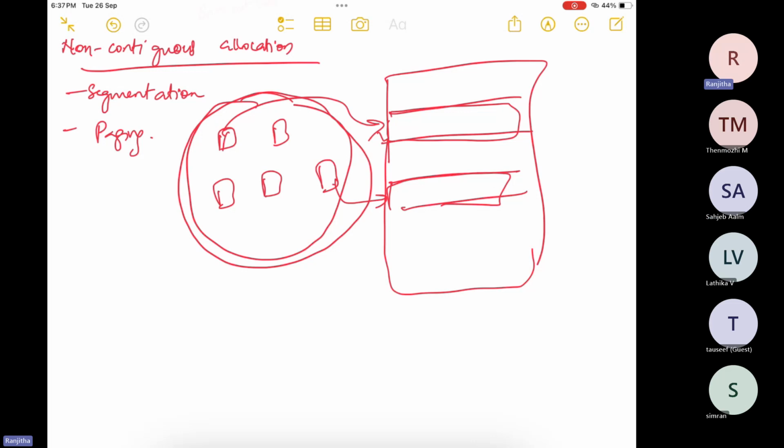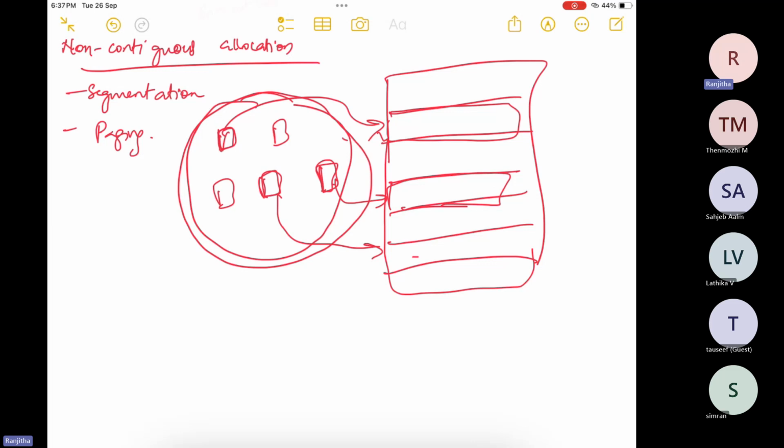So here we actually split the logical address space into small units, and we try to allocate each of these to smaller blocks in the memory. And where each segment is mapped is tracked using what is known as a segment table.